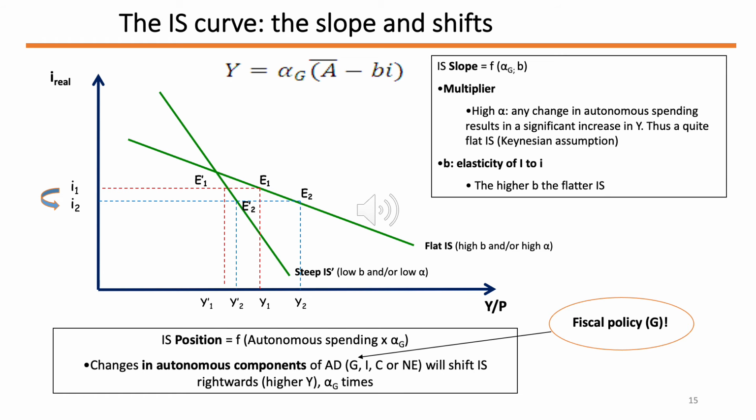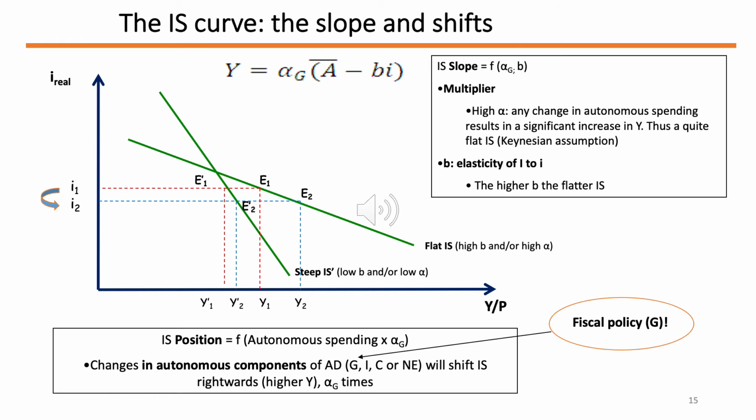We are now going to study the components of the IS function in more detail. Here you have the equation of the IS function, given by capital Y for income, which is going to be equal to the multiplier of spending times autonomous spending, that's a capital A bar, minus b times interest rates, b for the elasticity of investment spending to changes in interest rates.